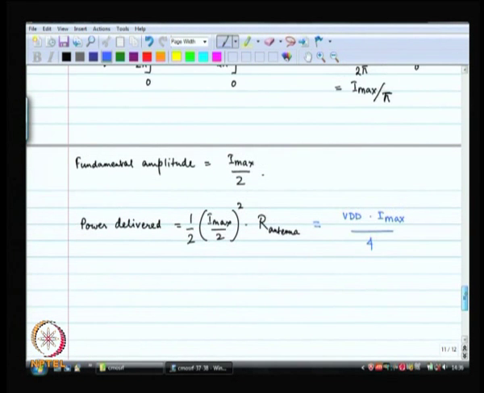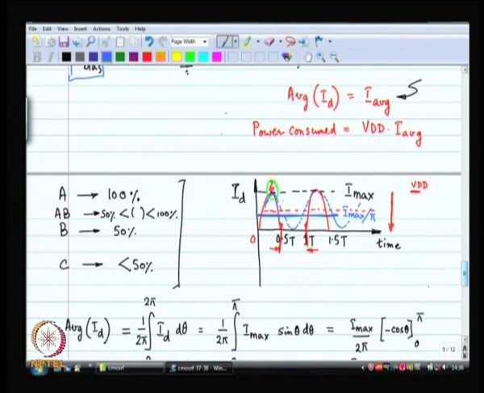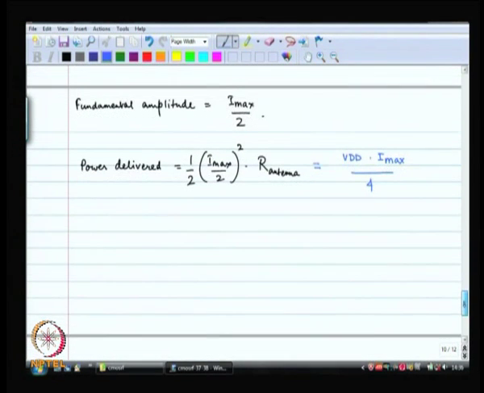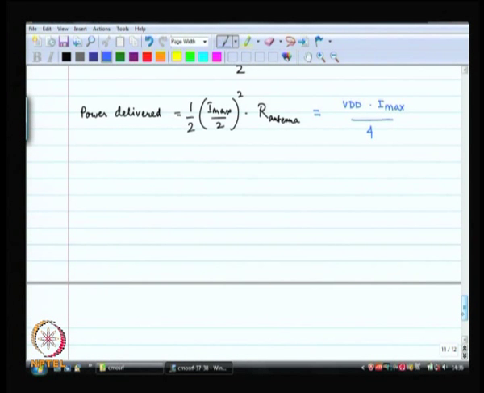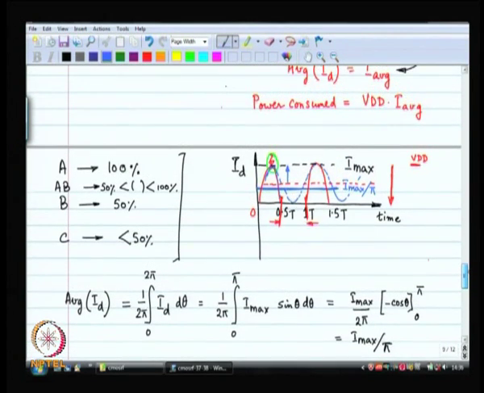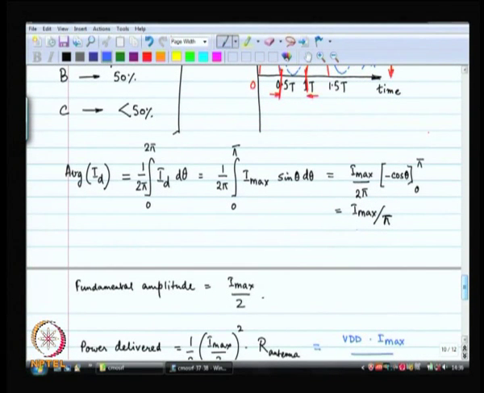Okay. I max by 2 has got to be VDD. This deviation has got to be VDD, right. So, this is basically the idea that the power delivered is VDD times I max by 4, the power that you have consumed is average current times VDD.